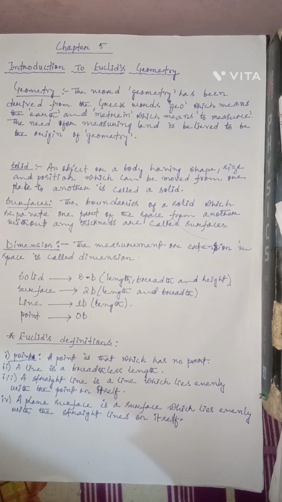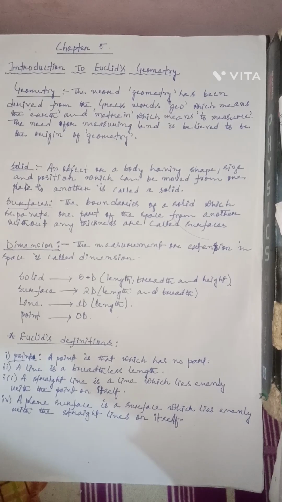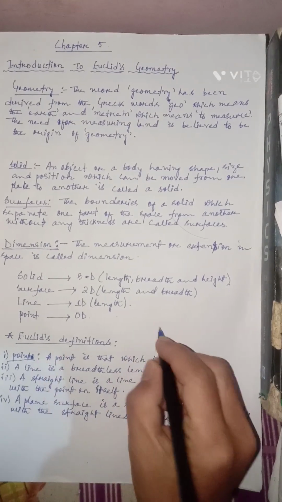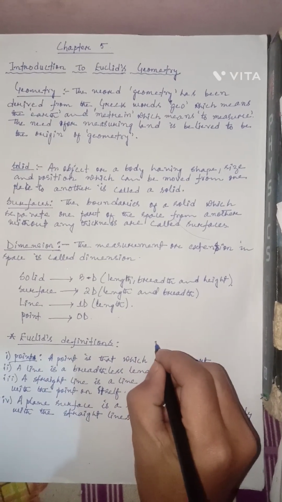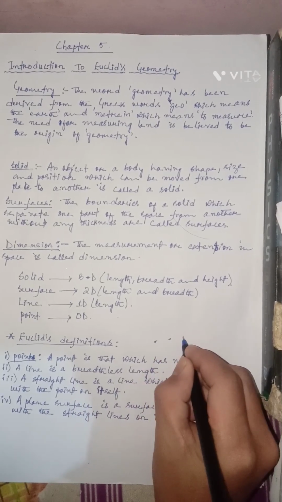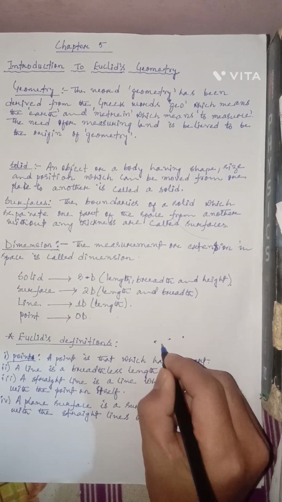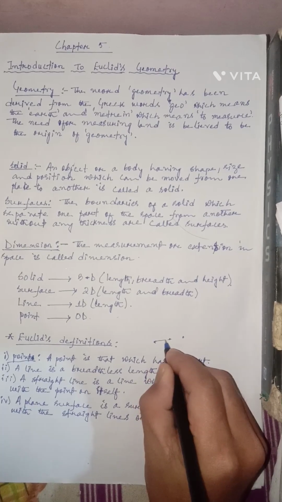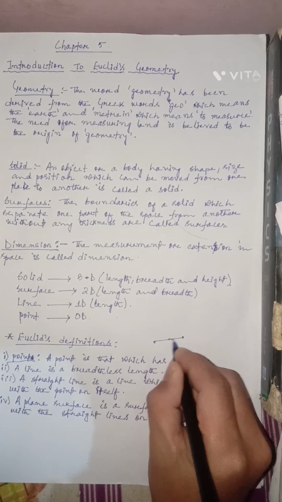Okay. Then in Roman number 3, we have a straight line is a line which lies evenly with the points on itself. Now let me draw a point. Let me write a point here. Let us take these 3 points.